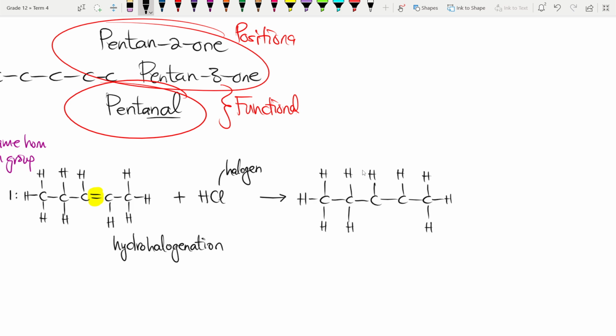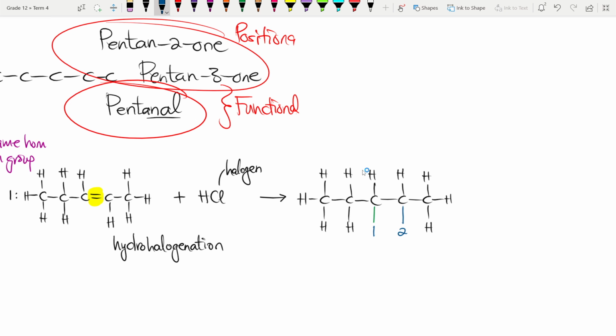Let's say we can attach it at 1 or at 2. Where will chlorine go? 1 or 2?